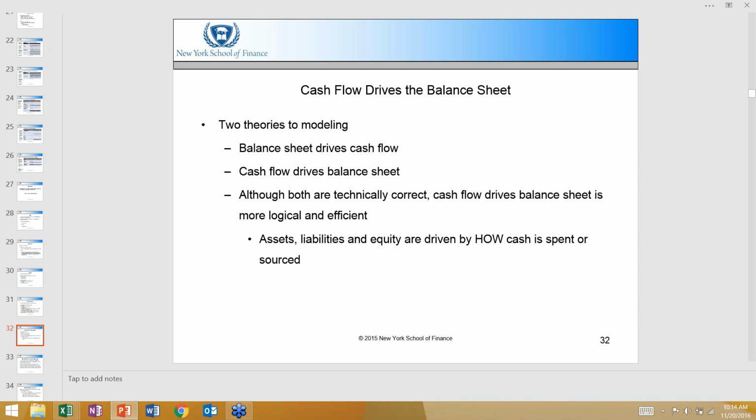It all comes from the understanding of how a balance sheet is put together, and fundamentally the understanding that each balance sheet line item is driven by the cash flow line items.